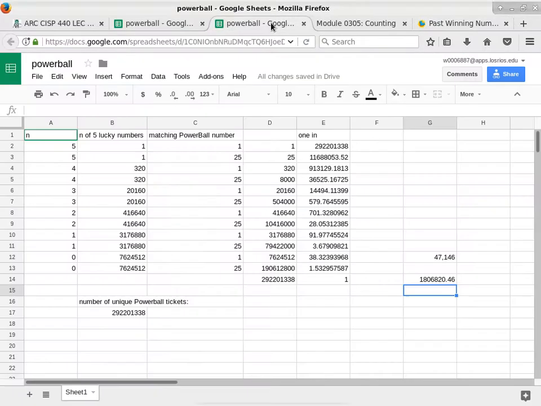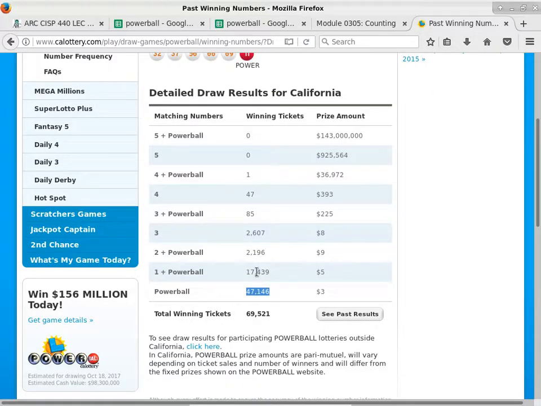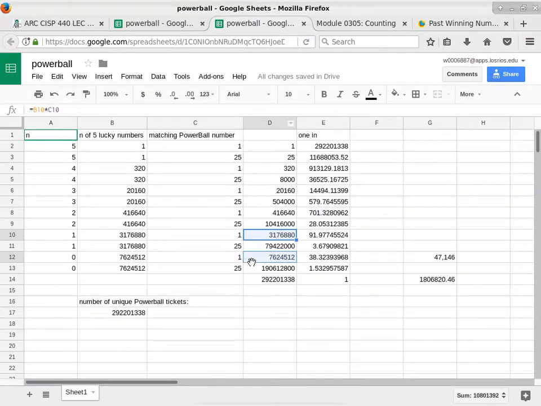And then we go back to our spreadsheet and we compare, what are we comparing? We're comparing this versus this one, I think. Okay, let me double check. So we're comparing just the Powerball versus one lucky number plus the Powerball.